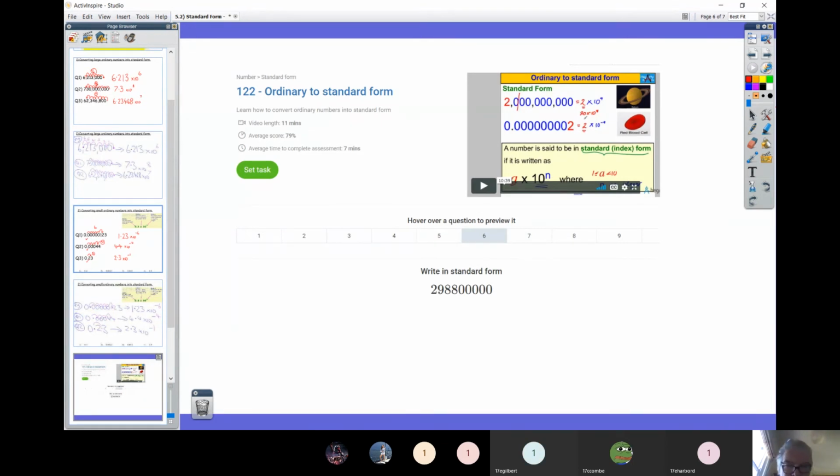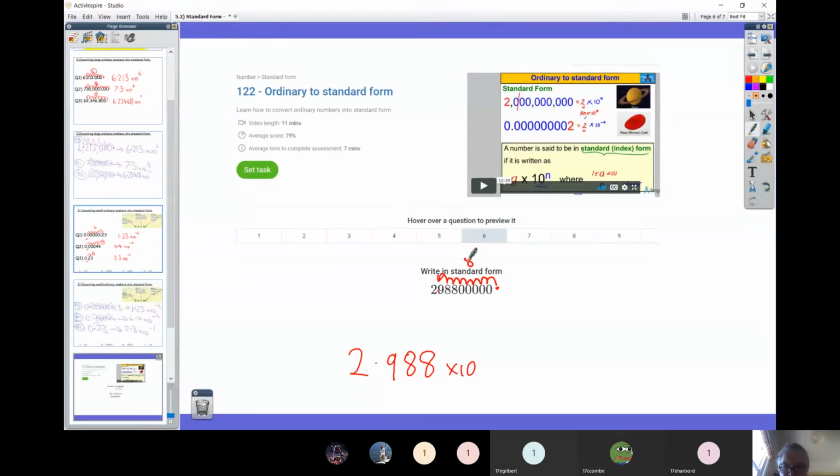And the types of questions are either going to be like that, okay? So that one is going to be 2.988 times 10 to the something. So the decimal point is jumping from there to there. So that's 1, 2, 3, 4, 5, 6, 7, 8 hops, I think. Okay, I think that's 8 hops.